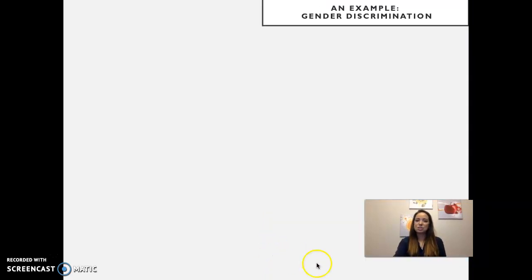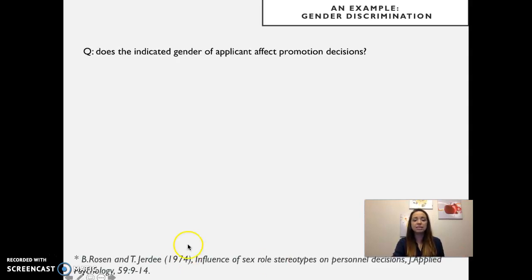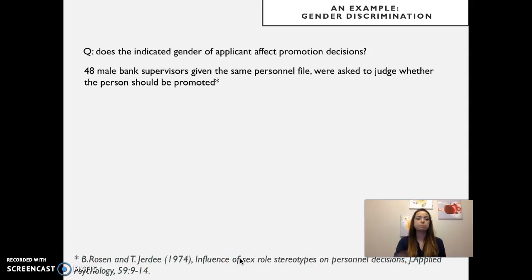Let's go. So we'll start with an example of a study on gender discrimination. And the question that has driven that study is the following. Does the indicated gender of an applicant affect promotion decisions? And down here, you have the reference of the study whose data we're going to discuss.